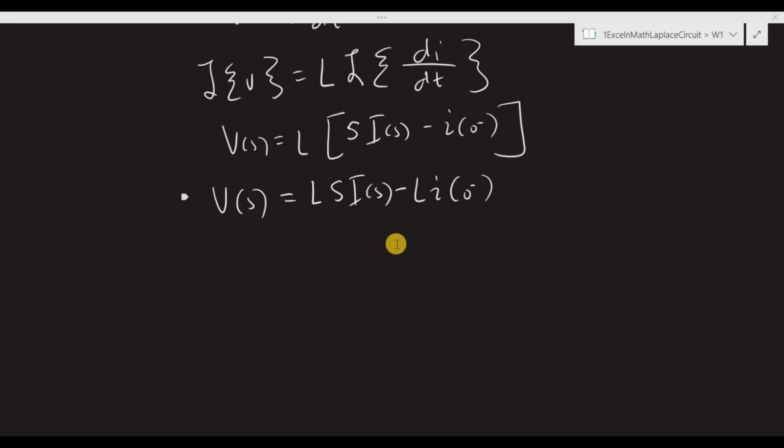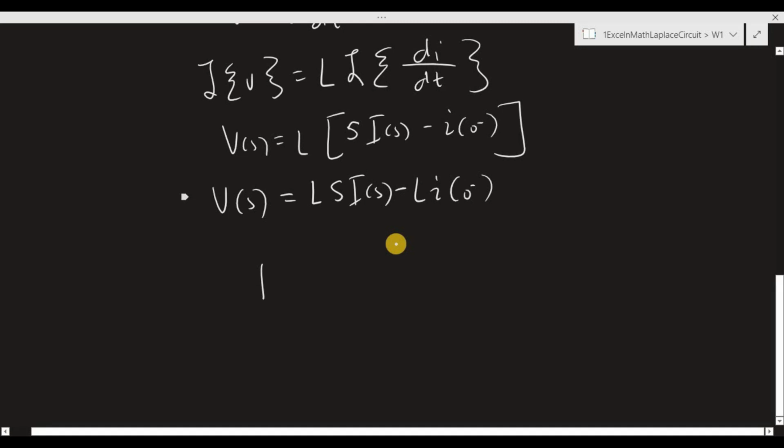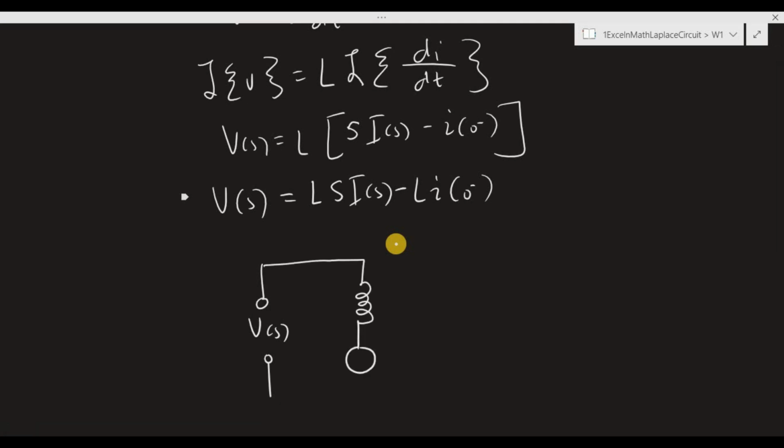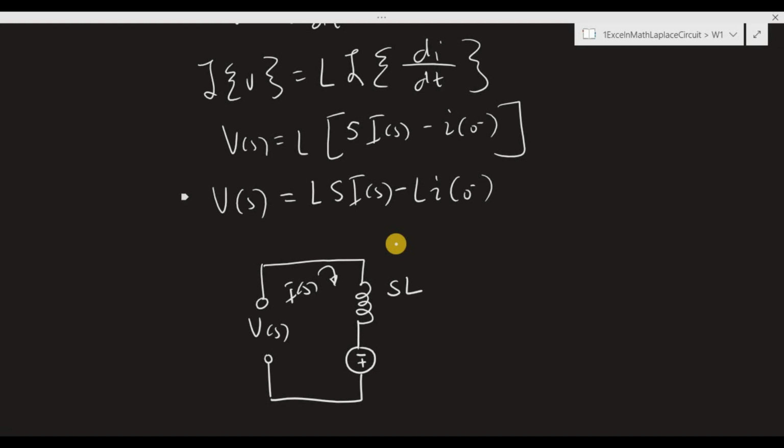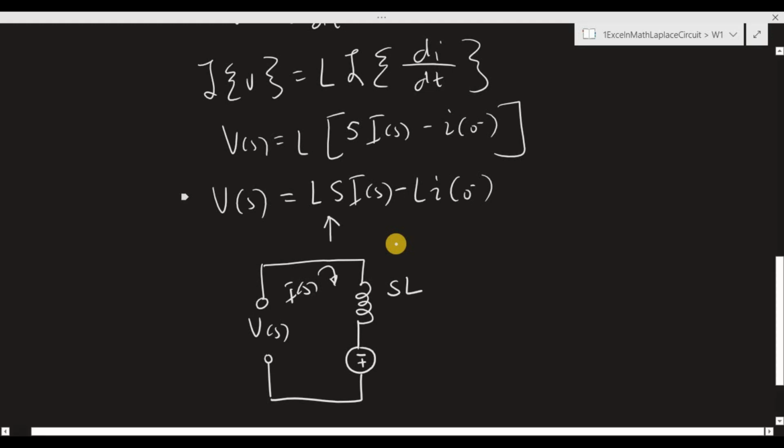Okay, we are going to translate this equation into its equivalent circuit. So we have V of S here, and then the inductor is here in series with this voltage source with this particular polarity. The current flowing through the circuit is I of S. The impedance of the inductor in the S domain is Ls, which is the term here.